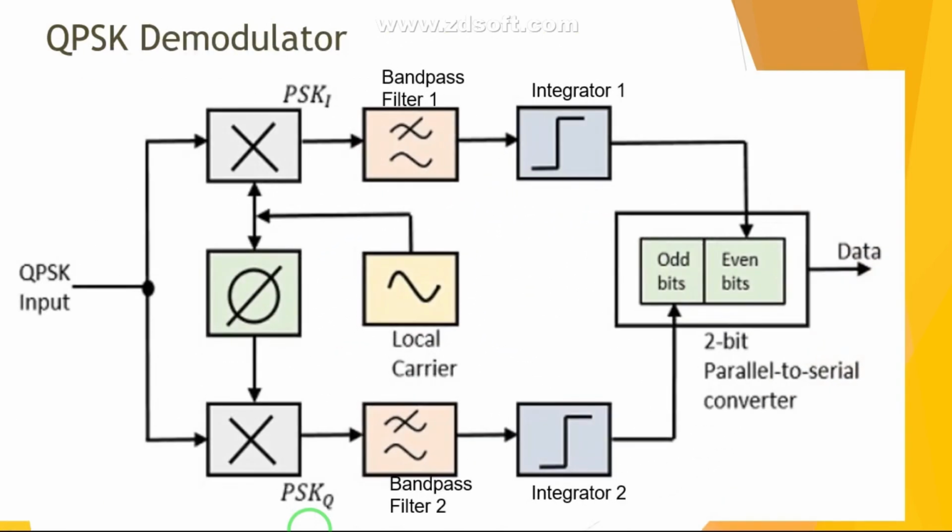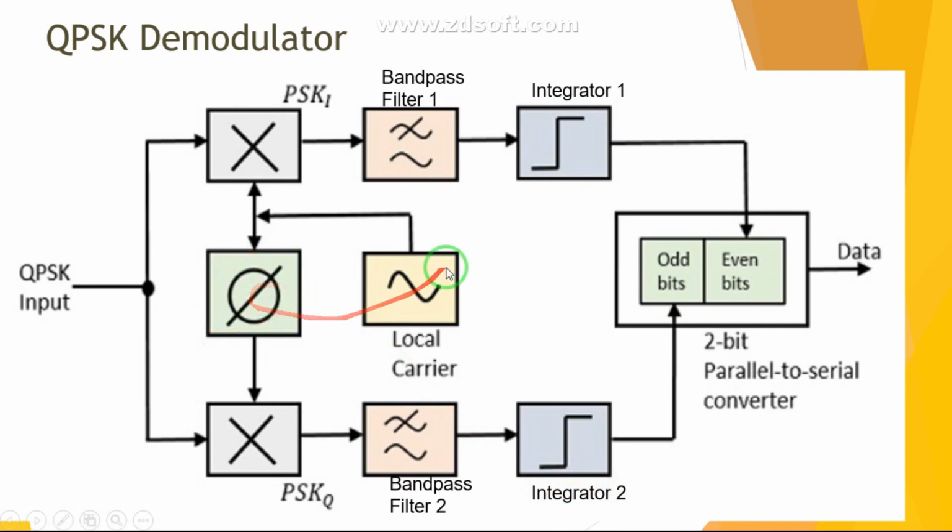Now this is your QPSK demodulator. So as you can see from this diagram, the QPSK demodulator basically consists of your multiplier 1 and 2 with band pass filter 1 and 2, and this is your integrator low pass filter 1 and integrator 2.